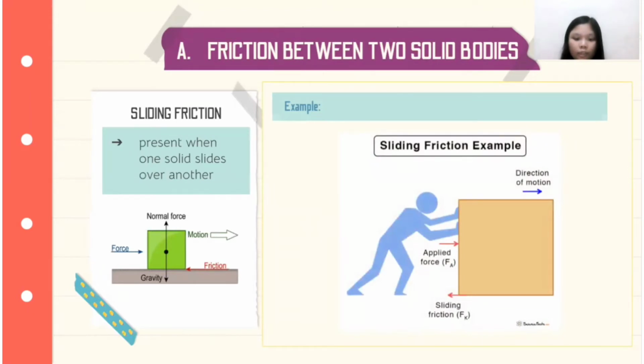When we are pushing a box, sometimes it's hard for us to move it because there is sliding friction that occurs between the box and the surface of the floor.